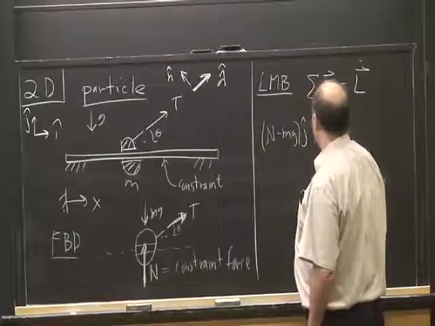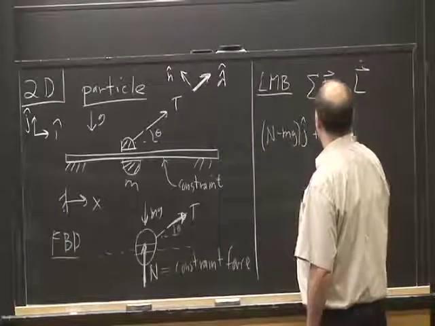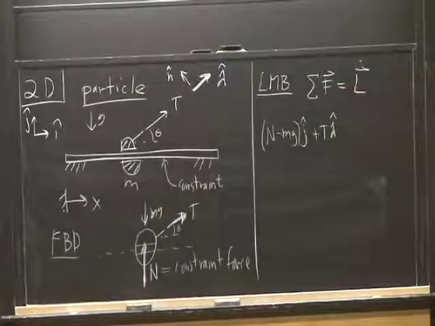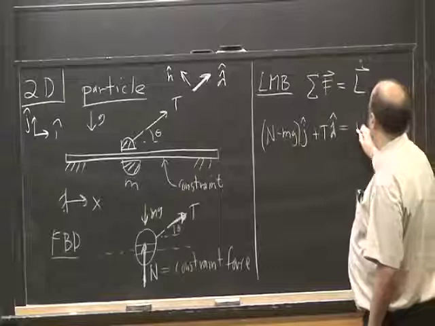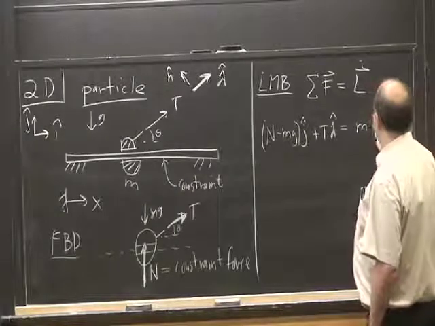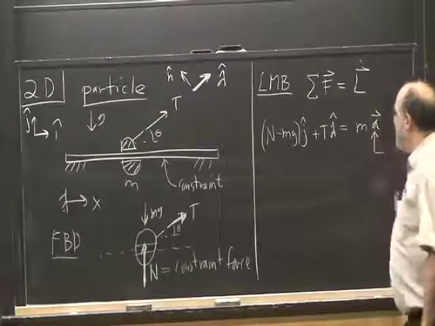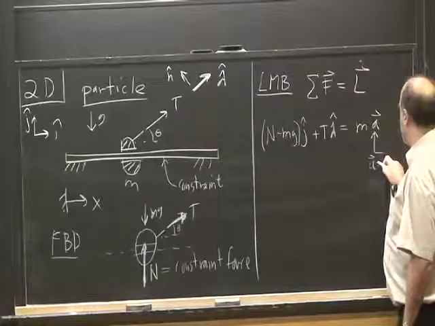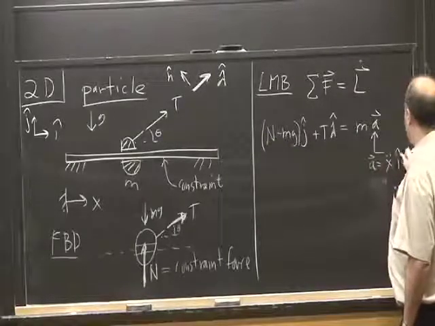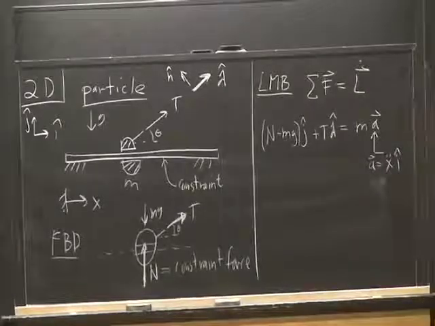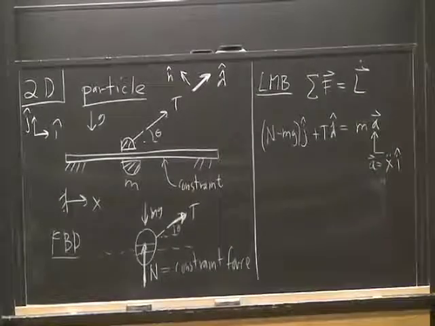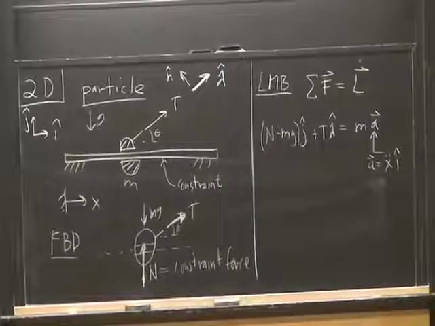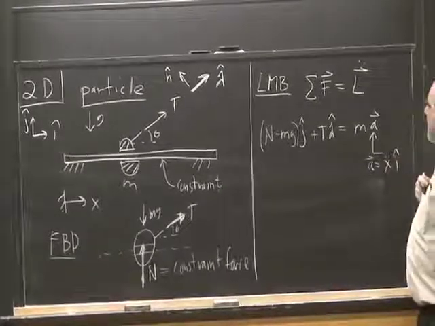I have a plus T multiplied by lambda, or I could break that into x and y components and put i and j there. And this is equal to the mass times the acceleration. And now I'm going to put in the kinematic constraint equation here by saying that the acceleration is equal to x double dot i. It's got no y component. It's constrained to move in the x direction. So I put in the constraint at this point.